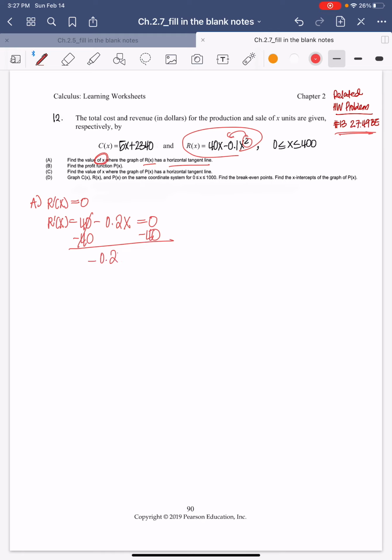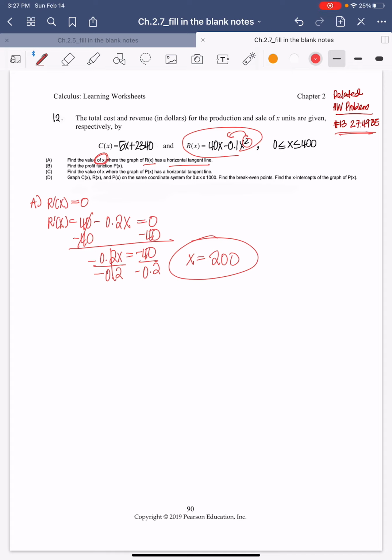Negative 0.2x equal negative 40, divided by negative 0.2. So x is equal to 200.